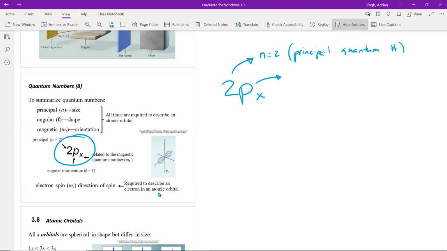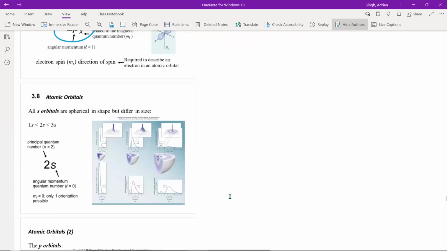The p here gives me the angular momentum quantum number, and you can think of this as sort of the subshell, and then the x gives me the orientation. The fourth quantum number, m sub s, is just going to tell us a little information about the direction of the spin for that particular electron. Is it spinning up? Is it spinning down?